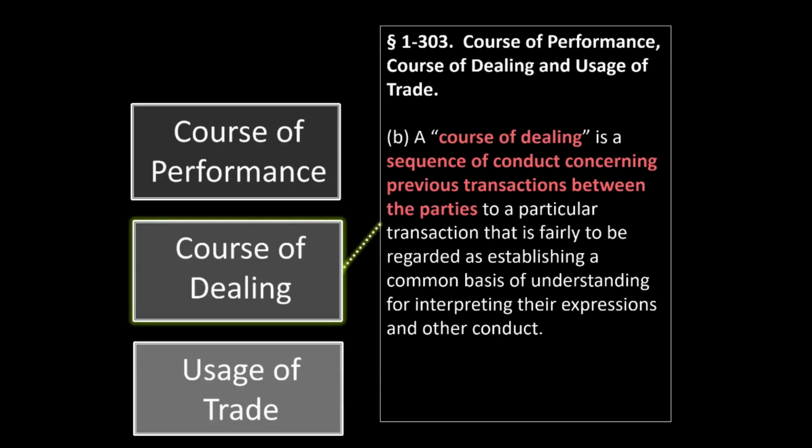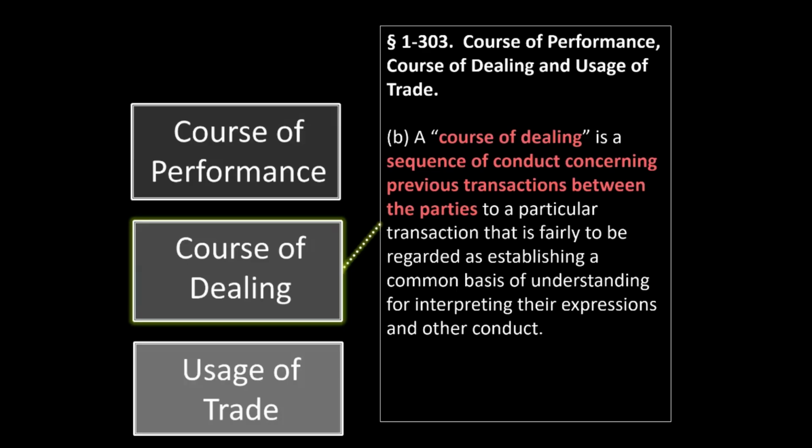Course of dealings is defined as a sequence of conduct concerning previous transactions between the parties to a particular transaction that is fairly to be regarded as establishing a common basis of understanding for interpreting their expressions and other conduct. So, like a course of performance, a course of dealings relates to a pattern of conduct or interactions between the parties to a contract.